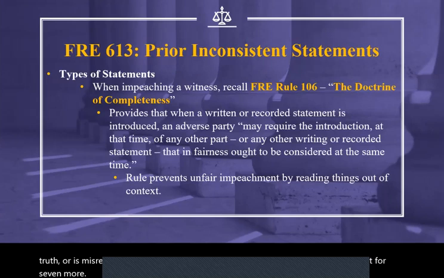Now, there is something that is a little problematic when we're talking statements, especially written statements. And we talked about this a little bit when we talked about some of the federal rules. Federal Rule of Evidence 106 is the doctrine of completeness, right?